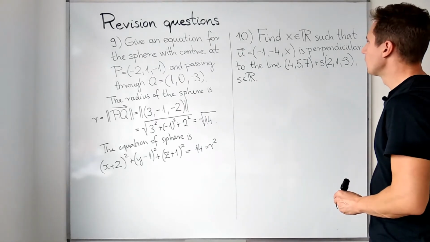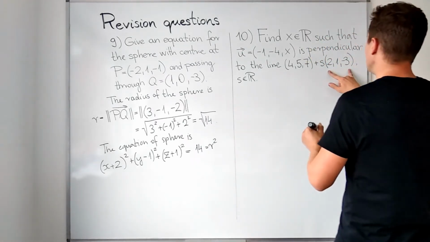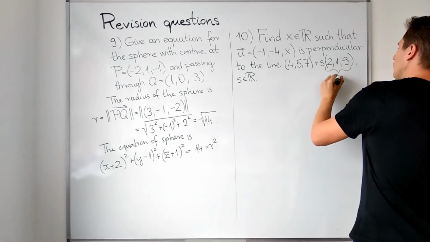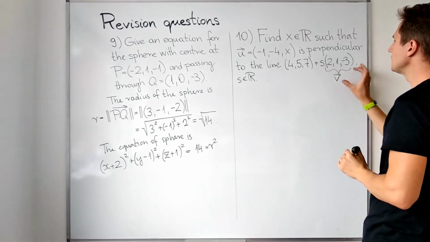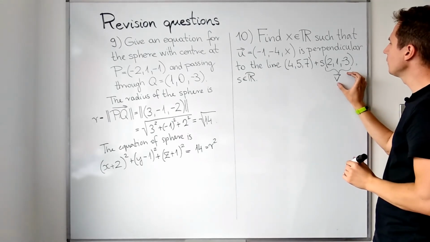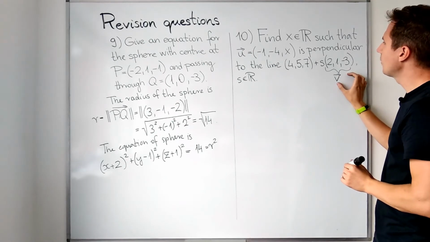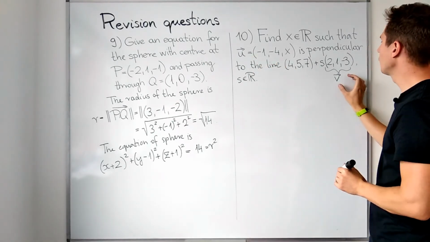So what we have to do is to look at this line and take out this vector v, because this is the vector that is giving us the direction of the line, and what we need is this direction to be perpendicular to our vector.